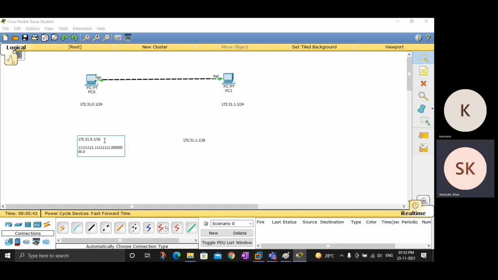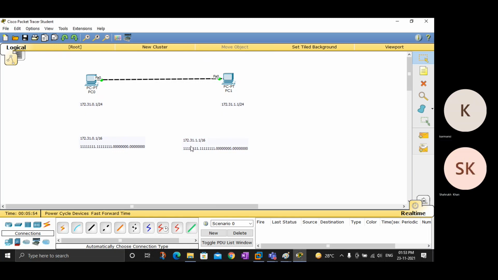Same thing will be true on the next IP address here. Here we also have /16, so that means the subnet mask in binary format will be this. And if the subnet mask is this, in which all the ones are there in the block, that means if we convert it to decimal, we'll get this value for that one as well as this one.